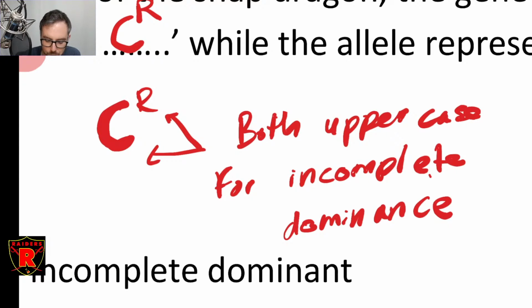And then the specific allele is shown as a superscript to that. R would be for red in this case. Incomplete dominance is shown with only capital letters, so a capital for the trait and a capital letter for the superscript. All capital letters.